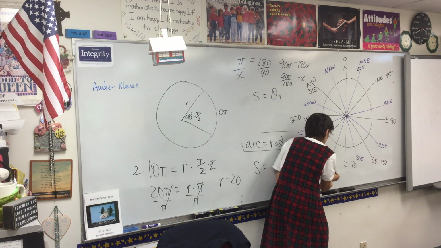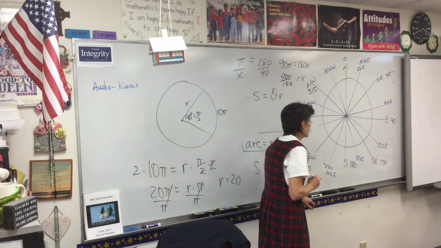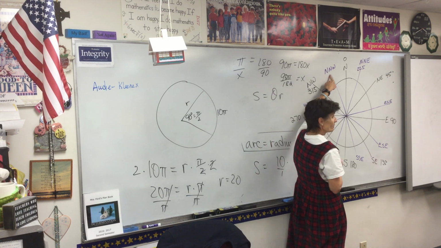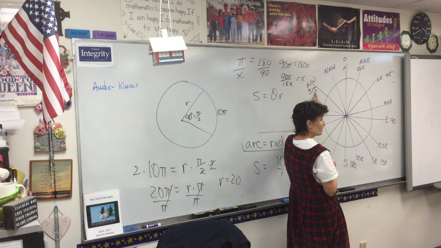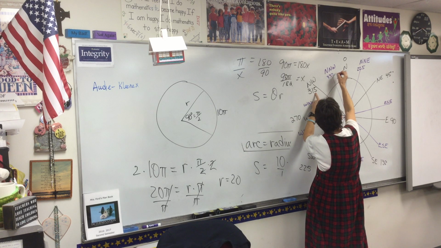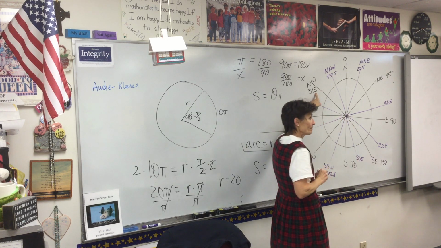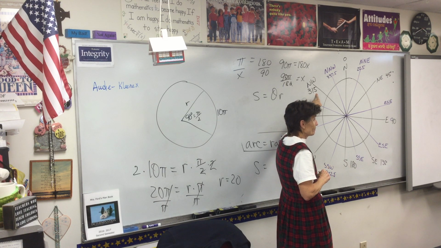So what is that? 202.5? And if you wanted this one right here, you could take 315 plus 22.5, 337.5 if I'm adding right in my head. You get 360, which is right back to 0 again.